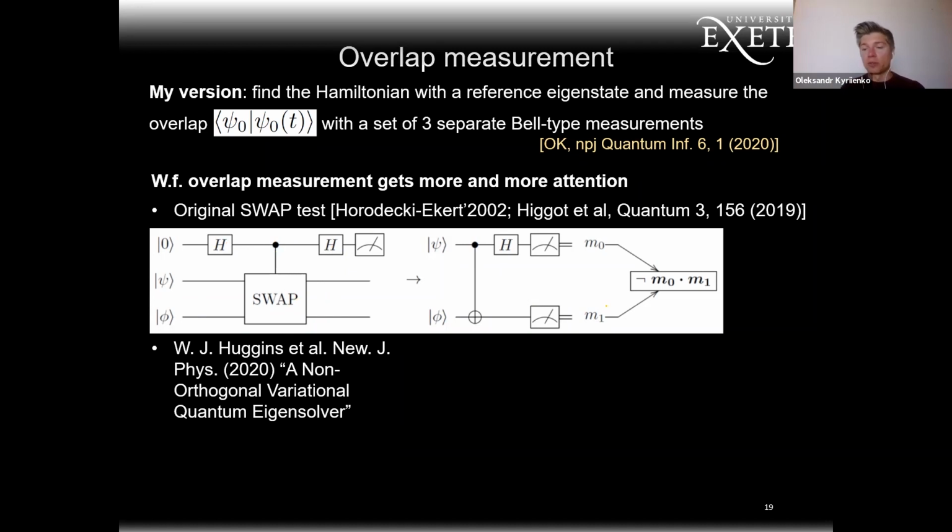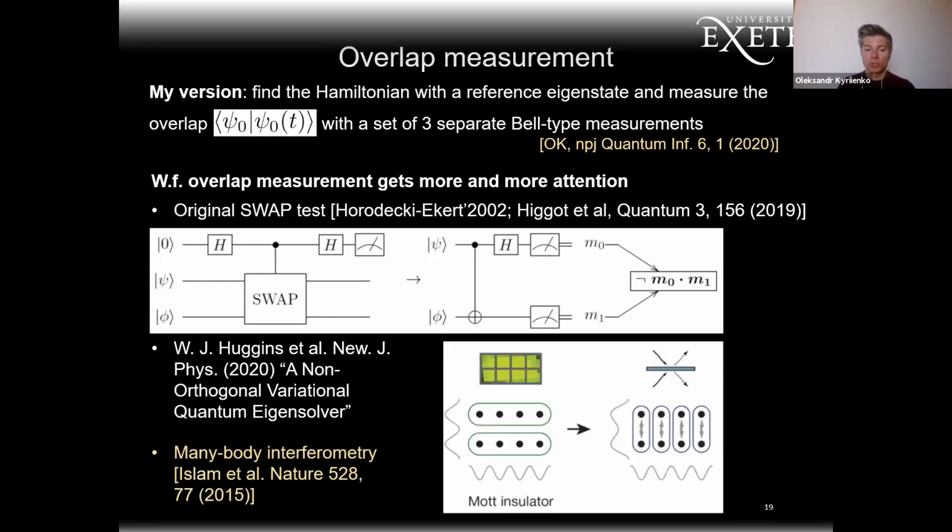Second way is the destructive swap test. You have states psi and phi, you do the controlled NOT operation on these states, measure the outcome, and combine it into the overlap. But what's more exciting, is that you can actually do it without gate decomposition if you use so-called many-body interferometry. This was done for Fermi-Hubbard and Bose-Hubbard models, where the researchers studied entanglement entropy in the system.